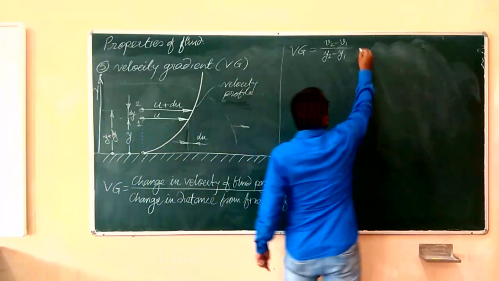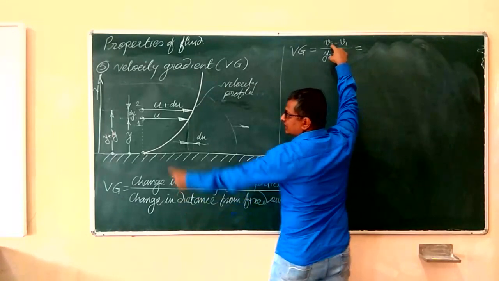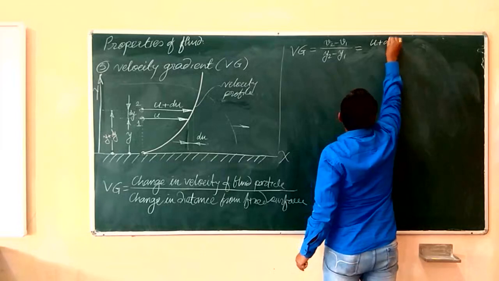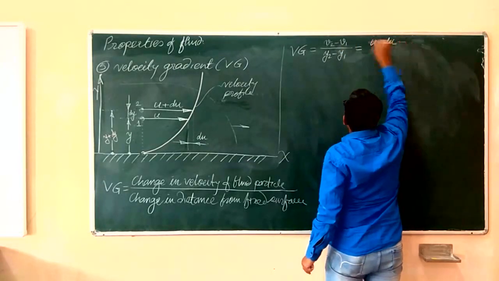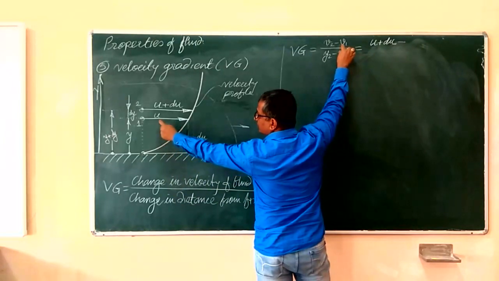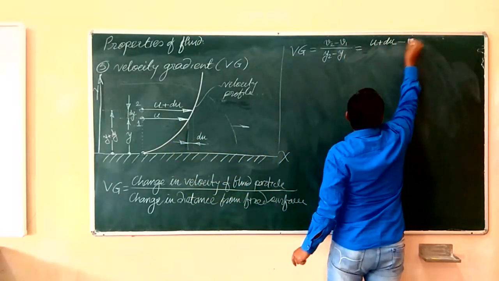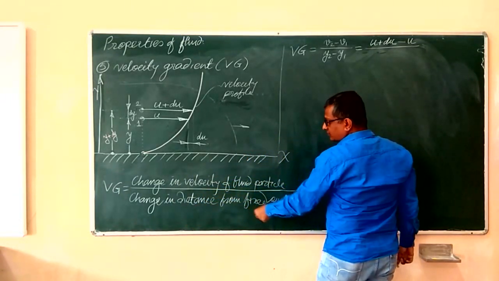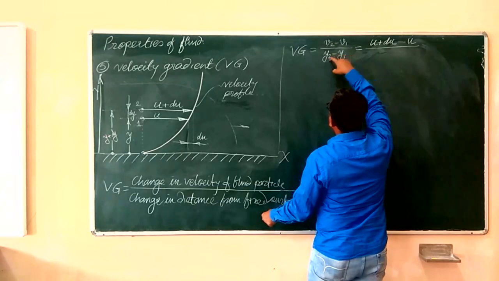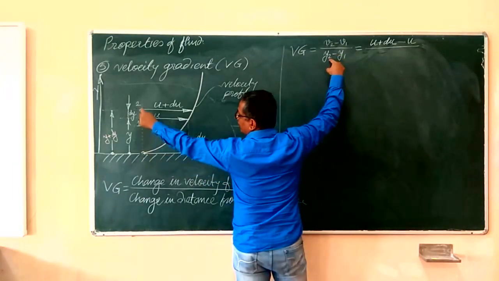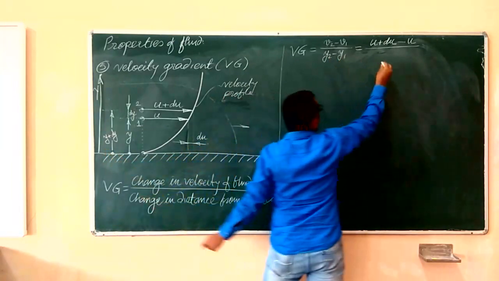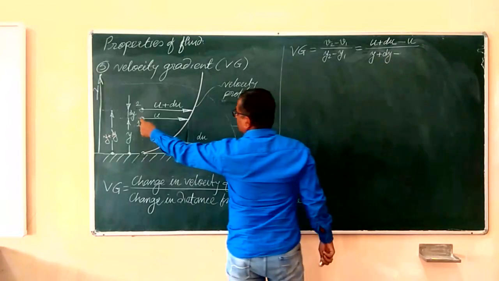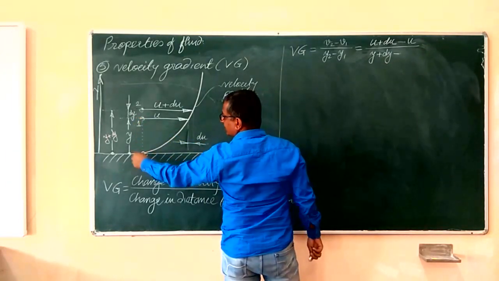We know v2, the velocity of the second particle, is u plus du, minus the velocity of the first particle, v1, which is u, whole divided by the change in distance, y2 minus y1. The y coordinate of the second particle is y plus dy, minus y1, the y coordinate of the first particle, that is simply y.